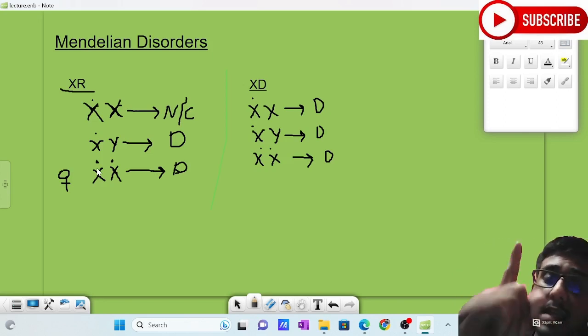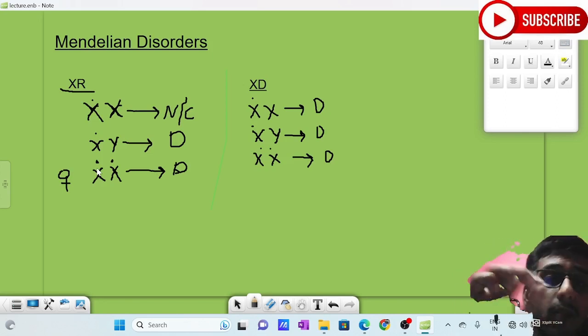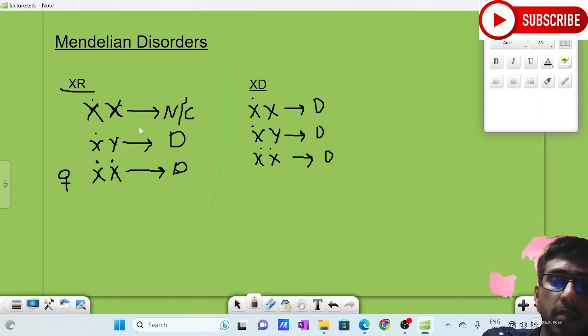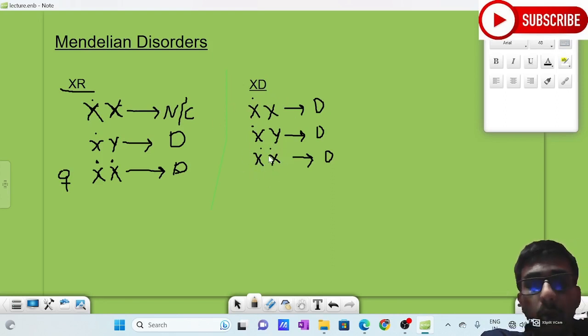So usually the mutation in the dominant allele is very rare. This condition is very rare because two dominant forms have been mutated. This is the condition in X-linked disease.